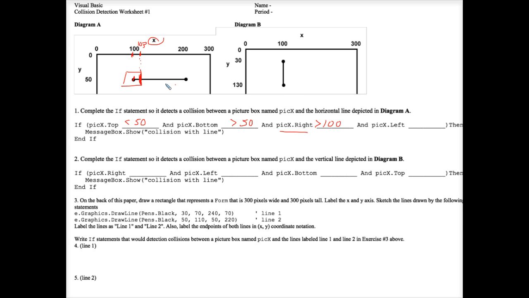Well, we've now analyzed the possibility of the guy hitting from the bottom, and we actually, whether you realize it or not, analyzed the possibility of him hitting from the top, because his bottom edge became greater than 50. We now have to analyze the fourth possibility. The picture box being over here, and the picture box slamming into this maze wall from the right.